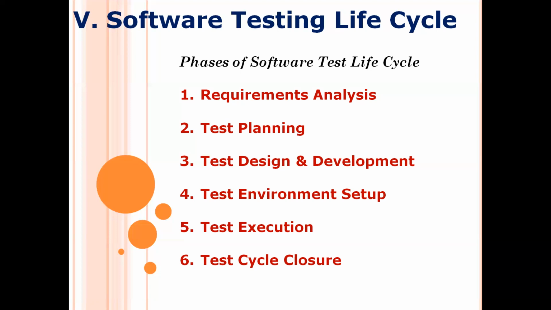Next, last phase of this software testing life cycle, test cycle closure. Testing team will meet, discuss and analyze testing artifacts and evaluate test cycle completion criteria, identify strategies that have to be implemented in future and take lessons from the current test cycle.